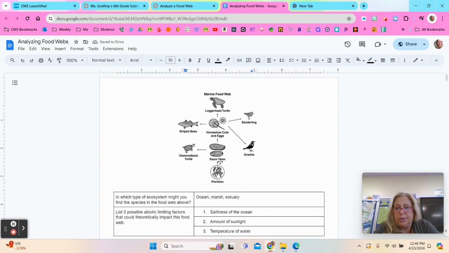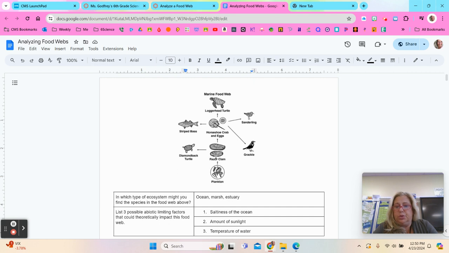See where I messed up, guys? Right here, the razor clam. The arrow is pointing to the horseshoe crab. So the horseshoe crab eats the razor clam, not the other way around. And that means that if there are fewer horseshoe crabs, because the striped bass increases, there'd be more razor clams.